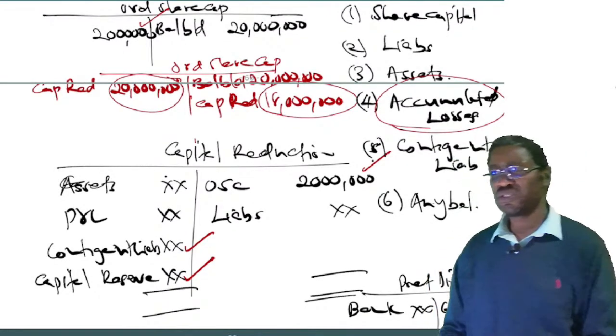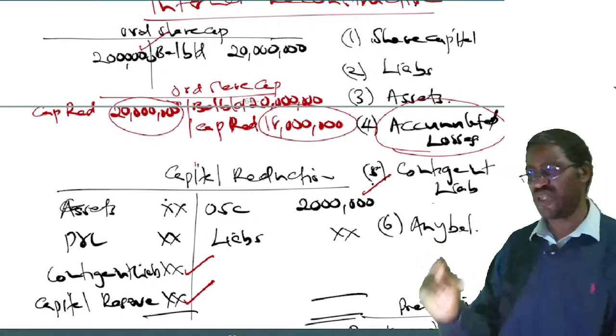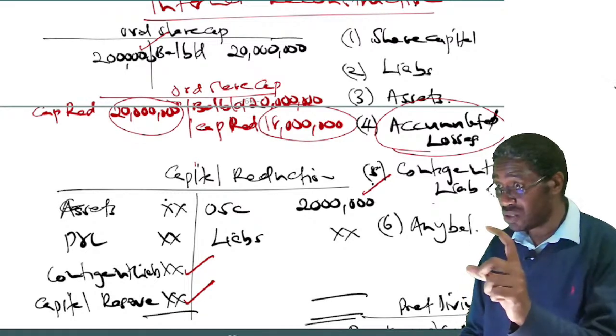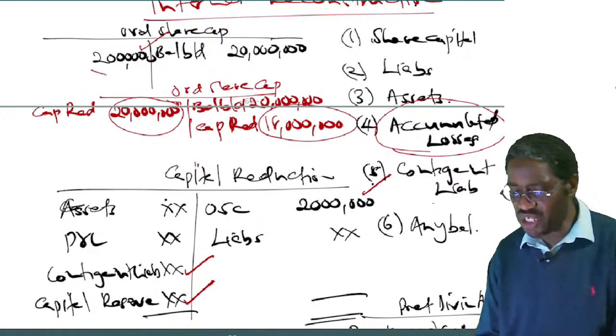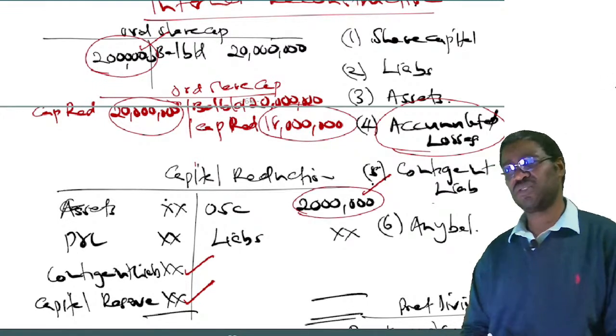Number 1, we agreed with amount written off on share capital, which we were assuming to be 2 million. I had to debit share capital, I had to credit capital reduction. Tell me this.